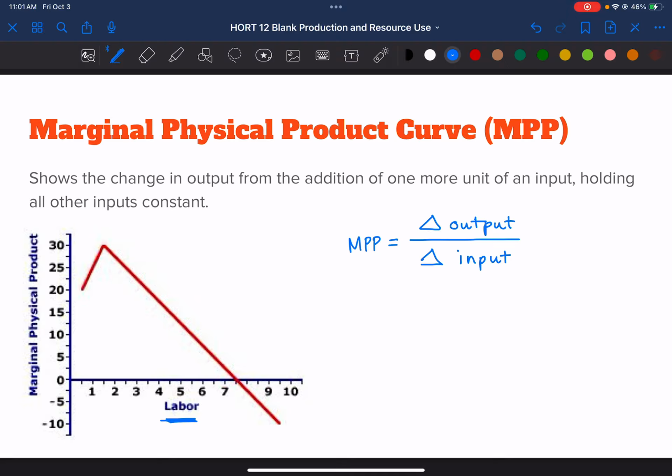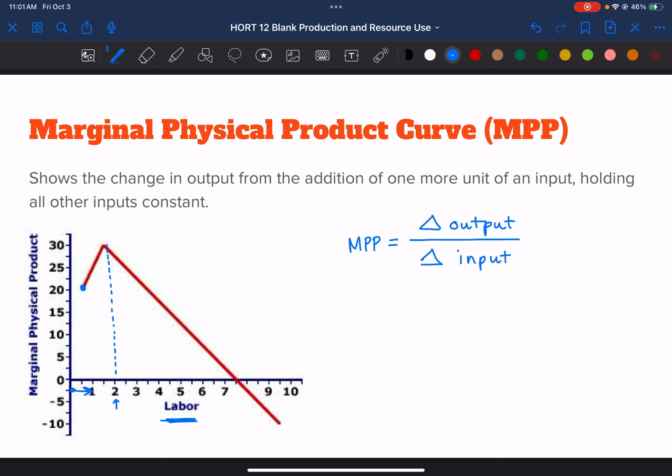So we can see in this graph that as we go from 0 hours of labor to 1 hour of labor, we are producing 20 more units. So 20 more units than 0. As we go from 1 unit of labor to 2 units of labor, we have a really rapid increase.